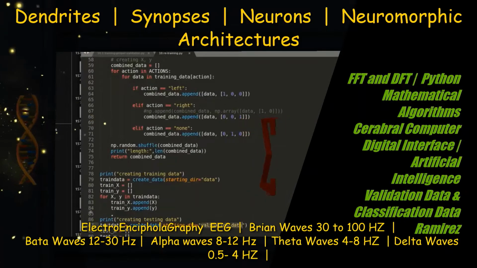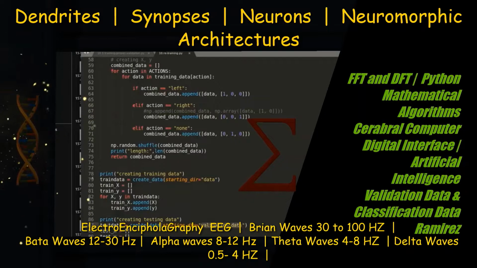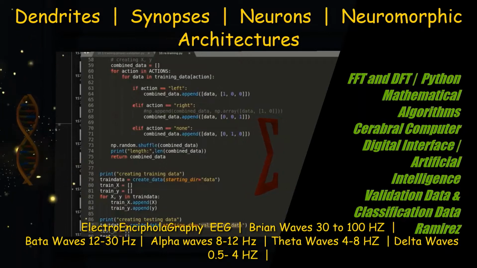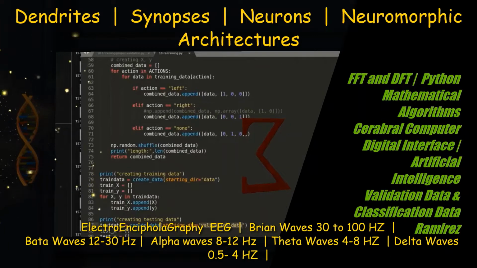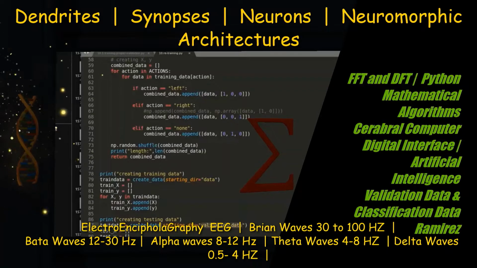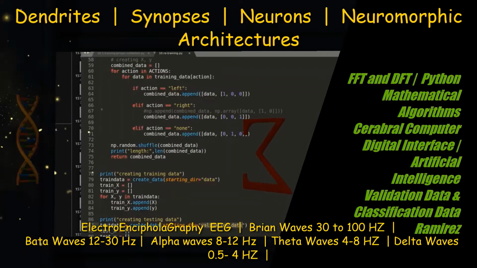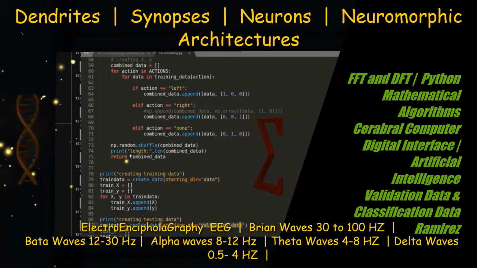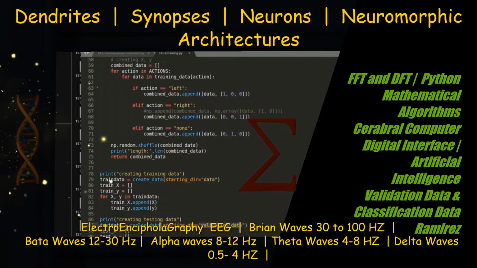The electroencephalography provides an image of electrical activity in the brain, which is represented as a wave of varying frequencies, amplitudes, and shapes.